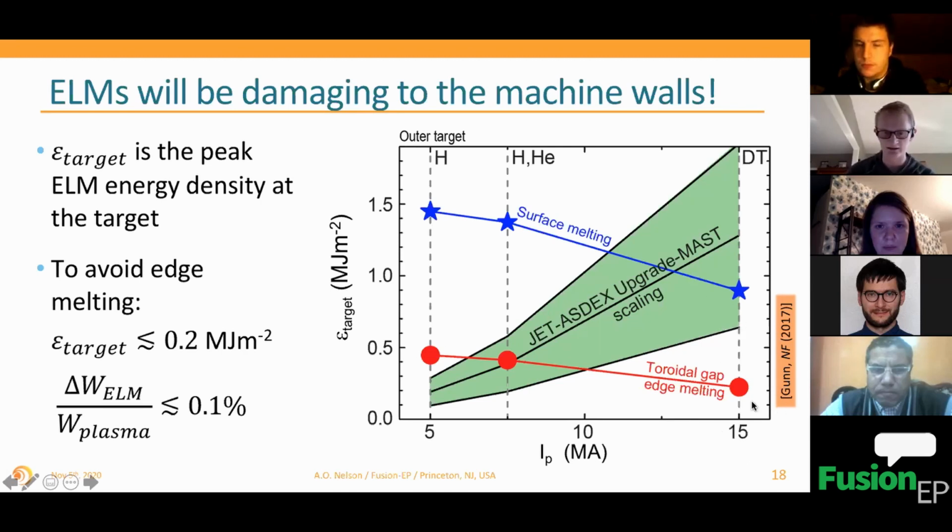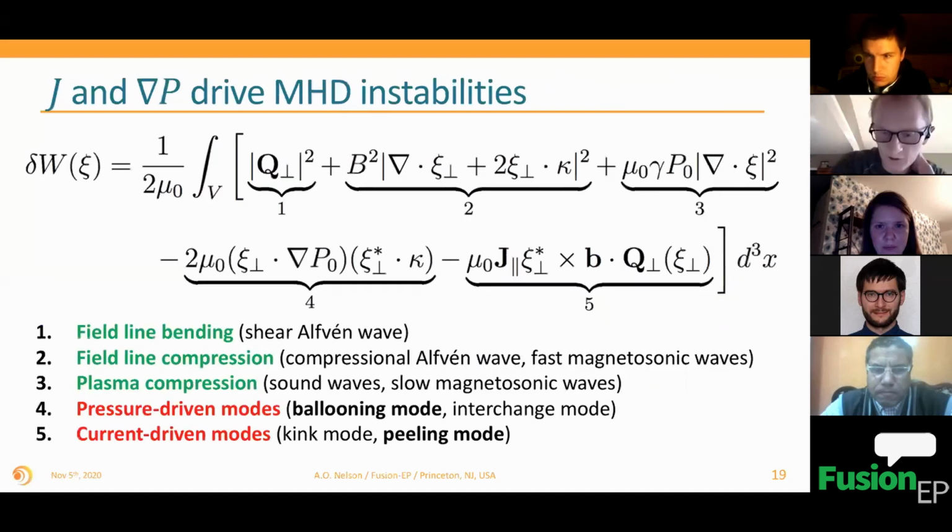Based on this scaling, we'd expect we need W_ELM over W_plasma to be about 0.1%, which is really down here, very low. That's not really seen too often in today's machines. Usually ELMs are much larger than that. So ELMs are definitely a problem in that they might melt our machine walls, and something to look forward to. If we want to be able to control them, we have to understand them.